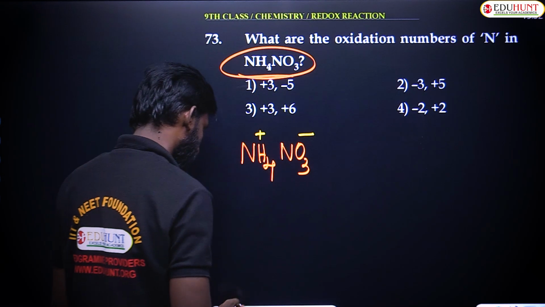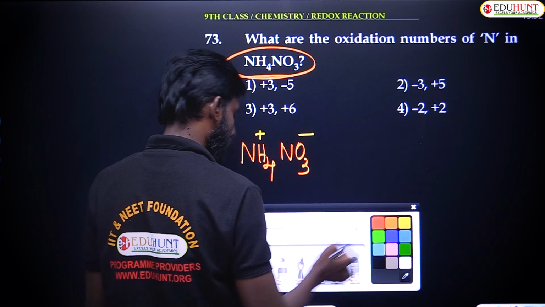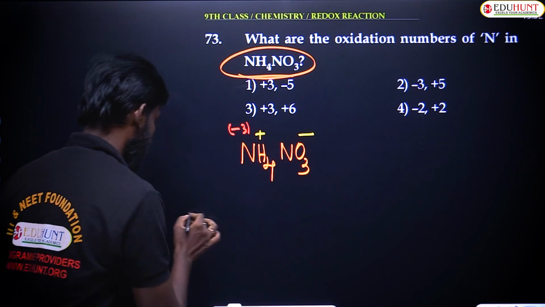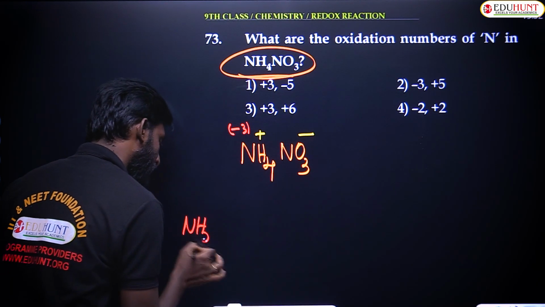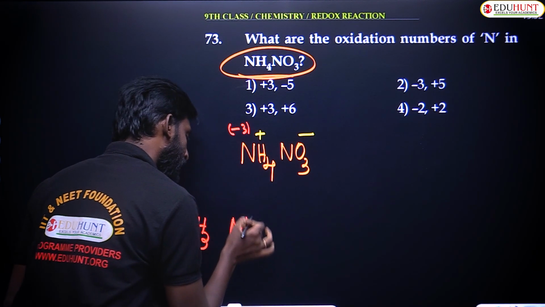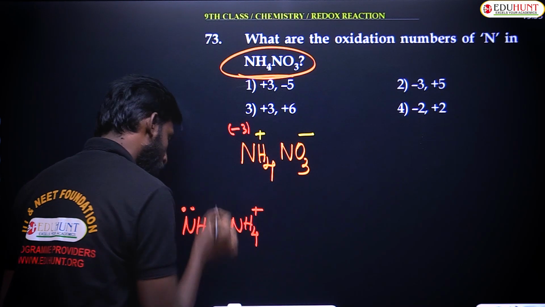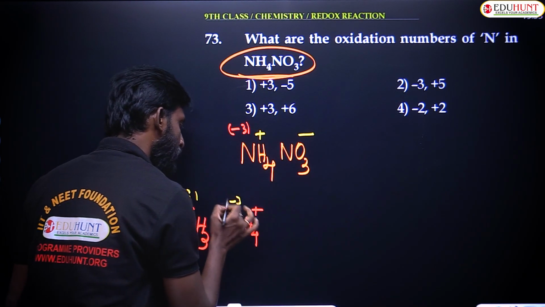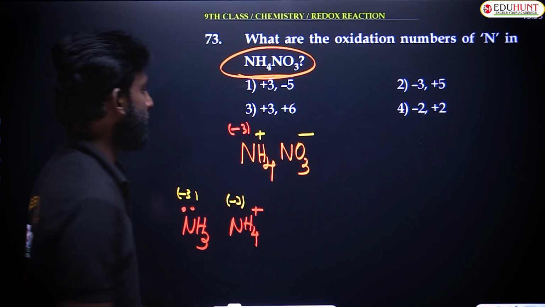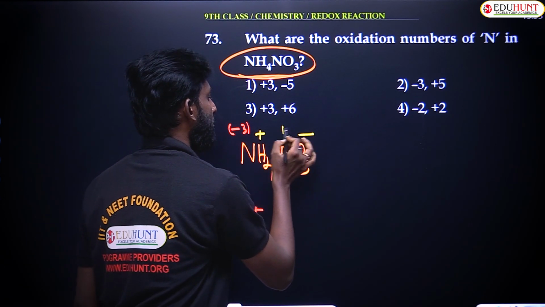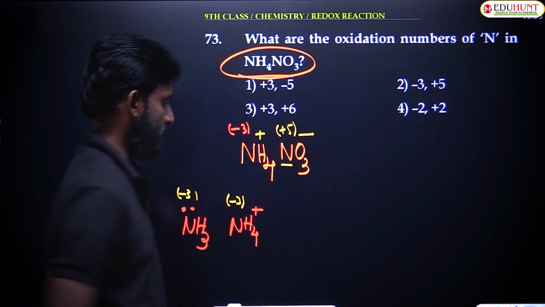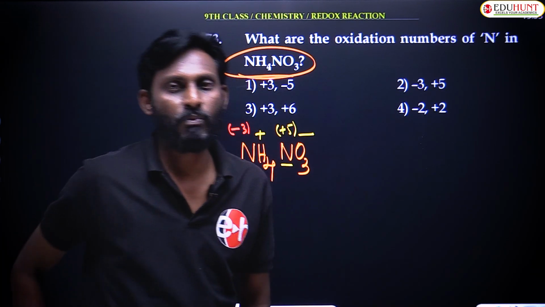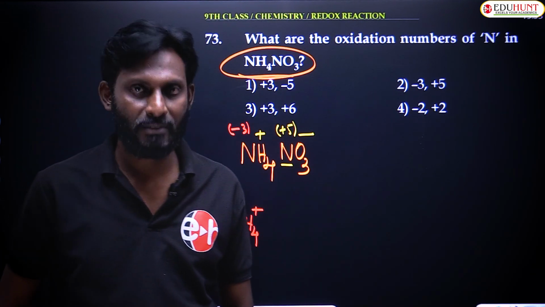In ammonia and ammonium ion, nitrogen will be in -3 state. You calculate. In nitrate, nitrogen will be in +5 state. So with that, we completed this worksheet. Let's meet in the next video. Thank you.